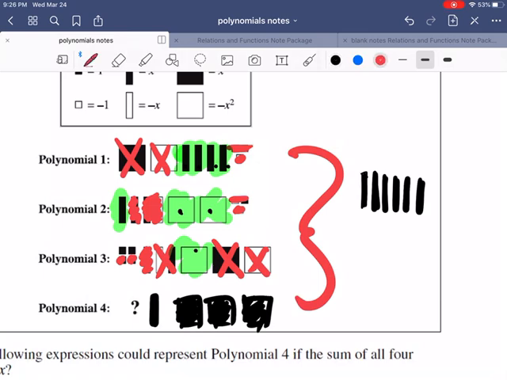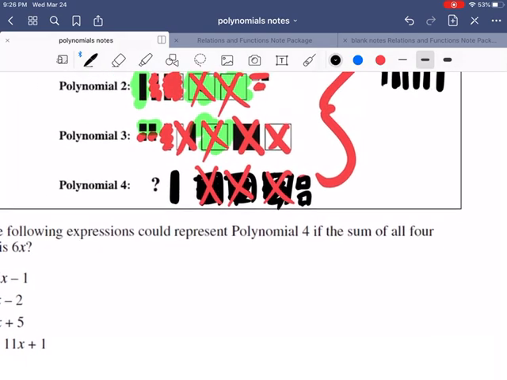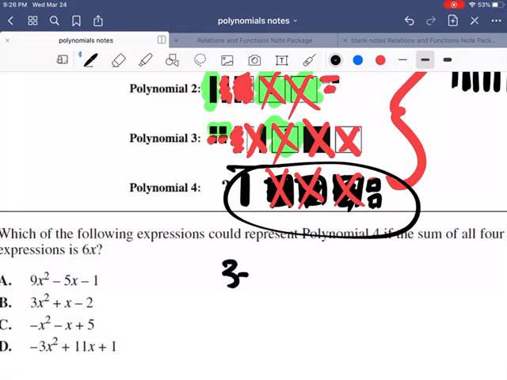Because when you do your zero pair now, that simplifies to a zero pair. The last thing we need to get rid of is these 2. Well, the opposite of those are 2 unshaded ones. Okay? Do you have this as one of your options? 3x squared plus x minus 2. Well, there it is. There's one of your options.